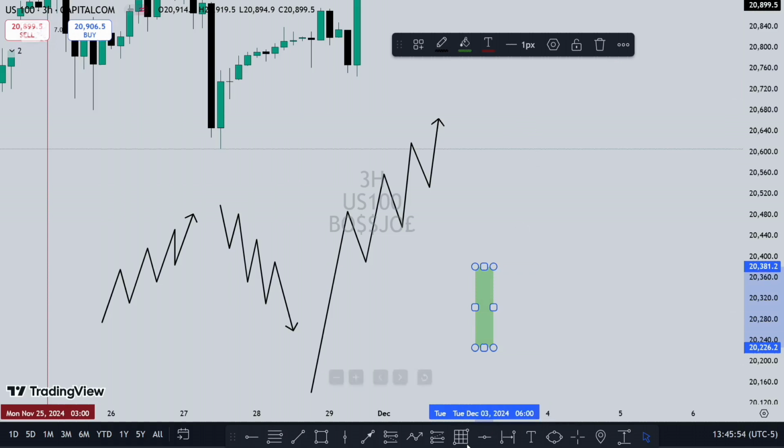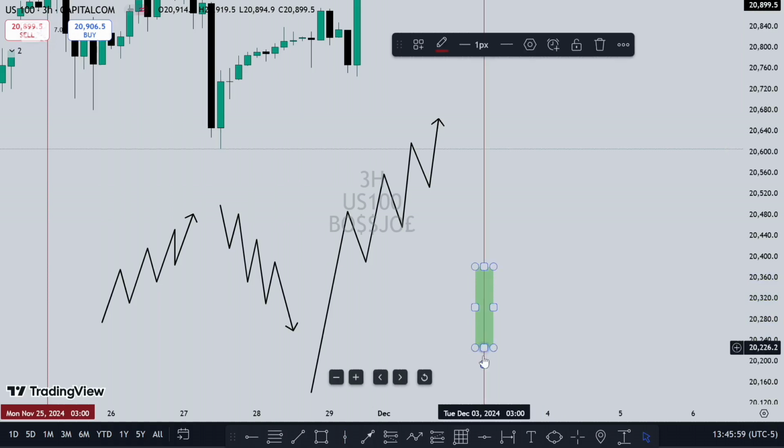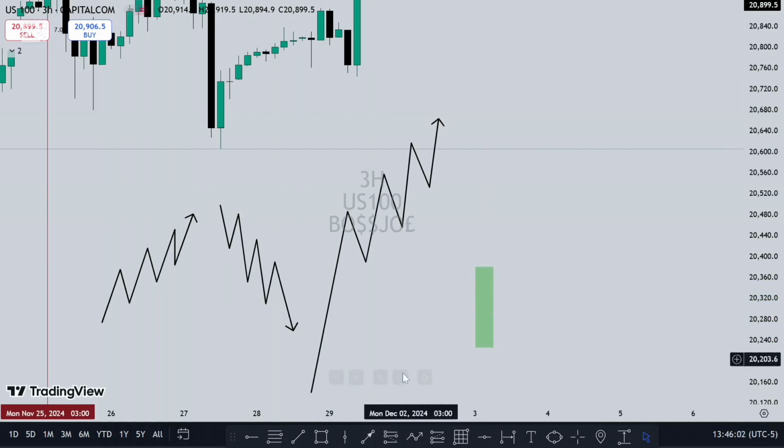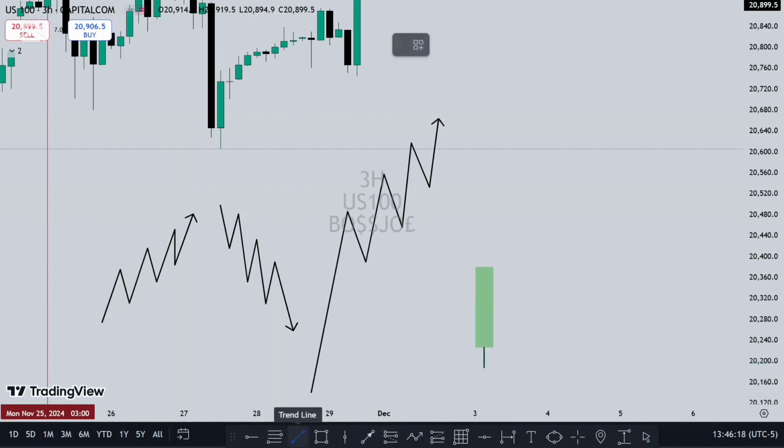So let's say this is a bullish candlestick, which has its wick right here, and another wick, a tail, then a wick right here. That's a candlestick. Then after that, another one opens right below here.